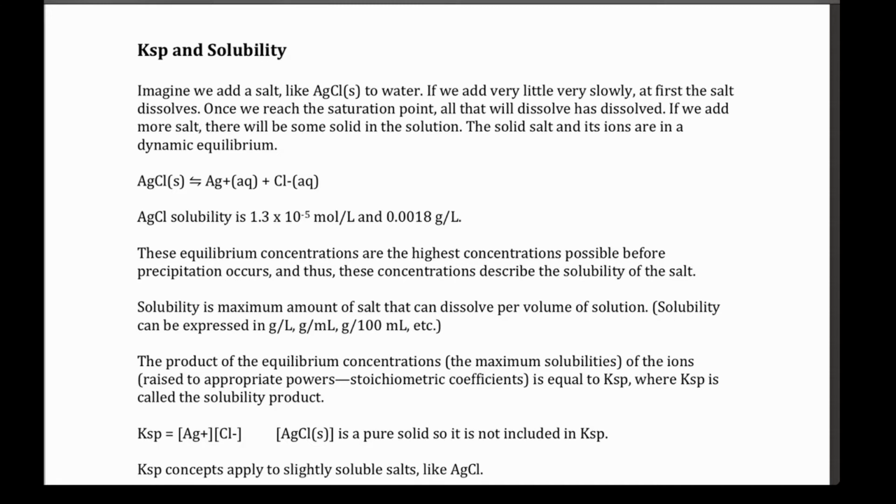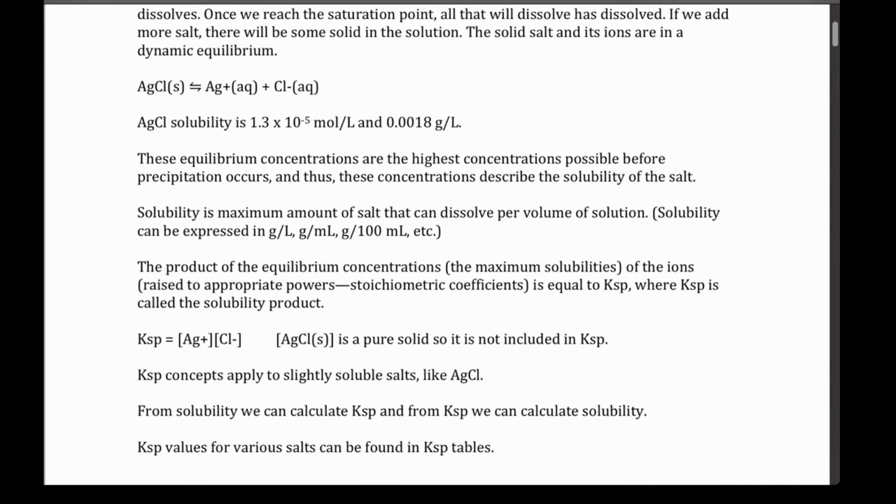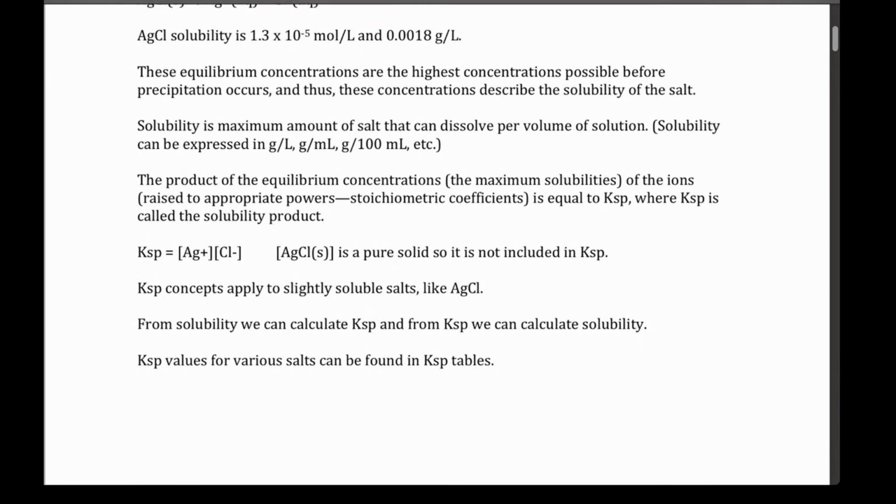So once again, the product of the equilibrium concentrations, the maximum solubilities of the ions, raised to their appropriate powers, which are the stoichiometric coefficients, is equal to what's called Ksp, where K is, as before, an equilibrium constant.